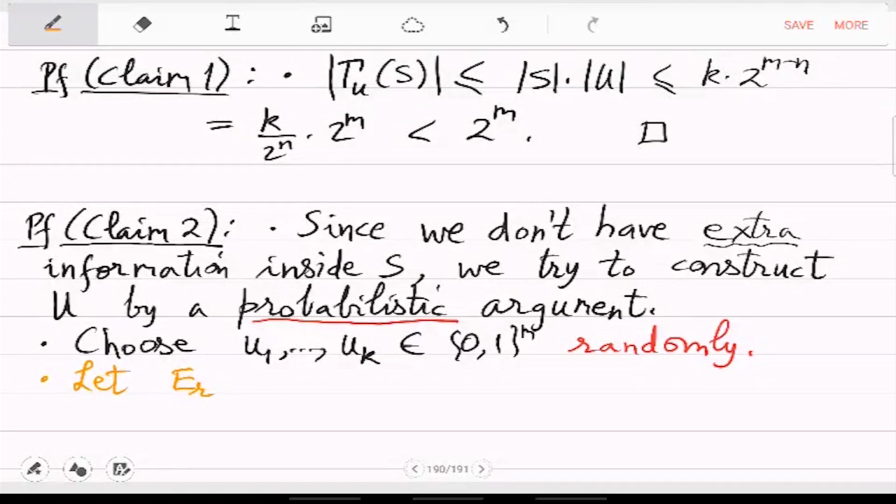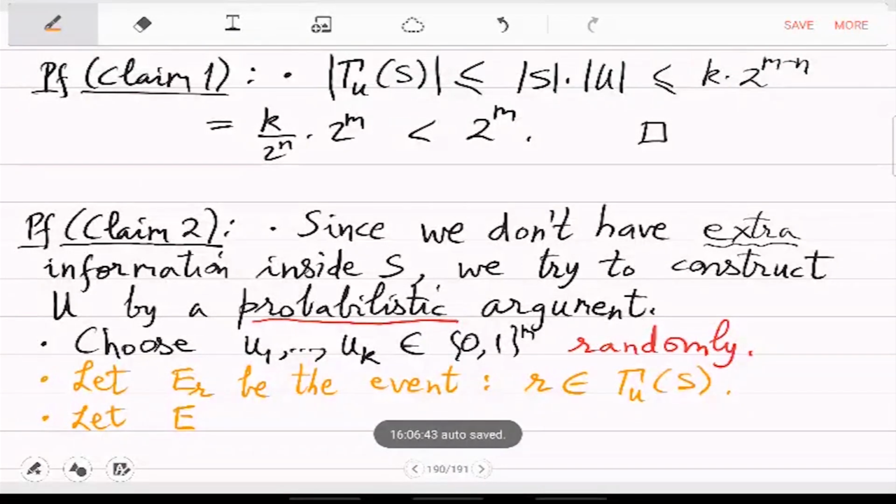So let ER be the event that an element R is not in gamma US, and let ERI be the event that R is not a neighbor of S via UI.